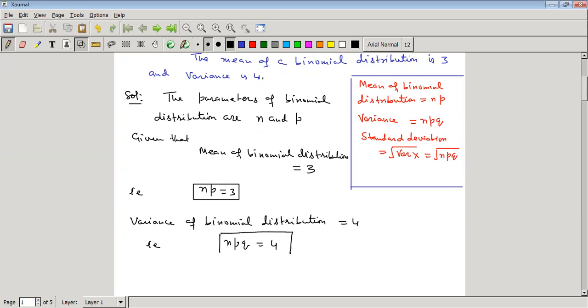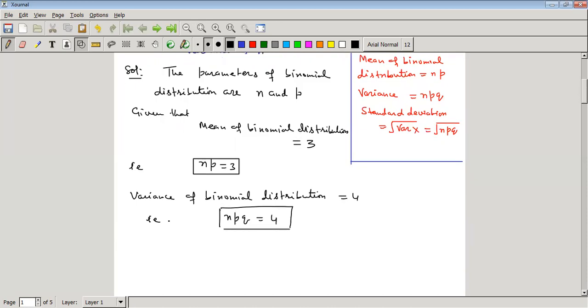So now we have to check and comment on whether they satisfy the conditions for binomial distribution, that is, whether the mean is 3 and variance is 4.